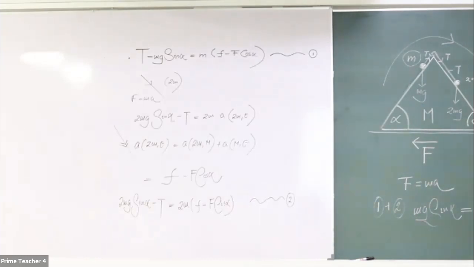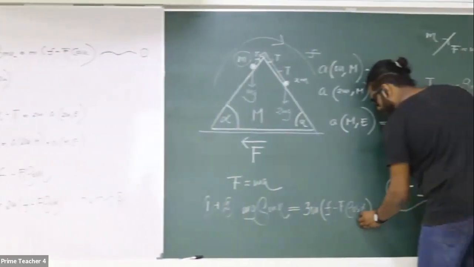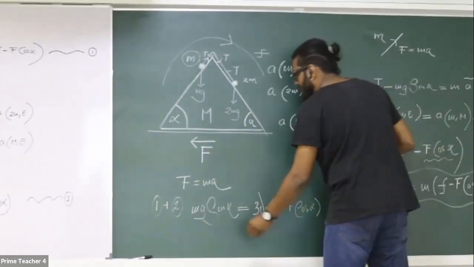That's going to be 3m f minus f cos alpha. Good news, m is getting cancelled.